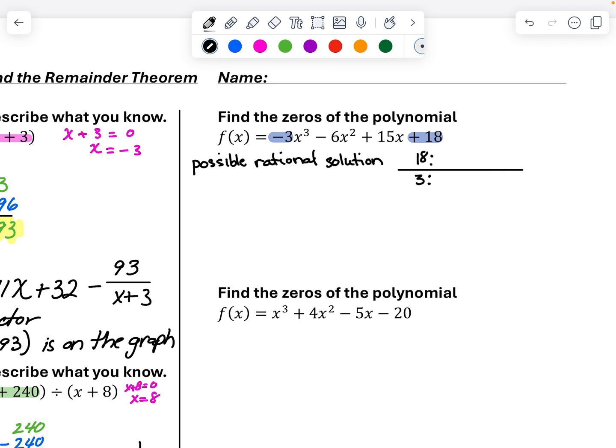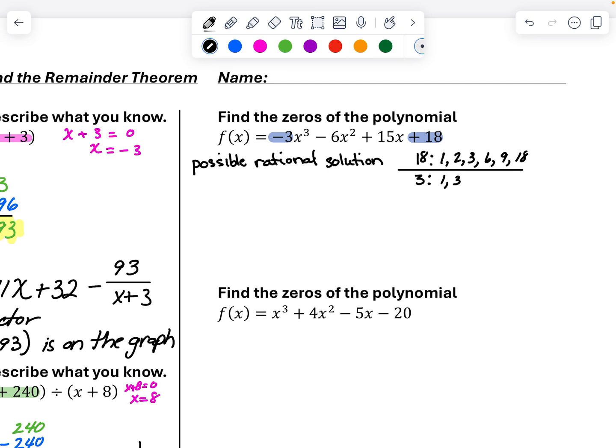Factors of 18 are 1, 2, 3, not 4, not 5, 6, not 7, not 8, 9, and 18. And factors of 3 are 1 and 3.